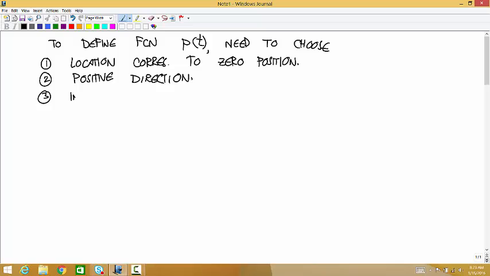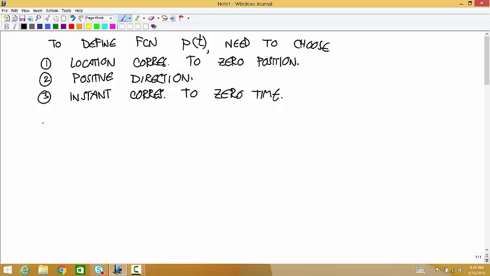And an instant corresponding to 0 time. You don't have to choose a positive direction for time because time goes forward. It keeps on slipping into the future, slipping into the future.